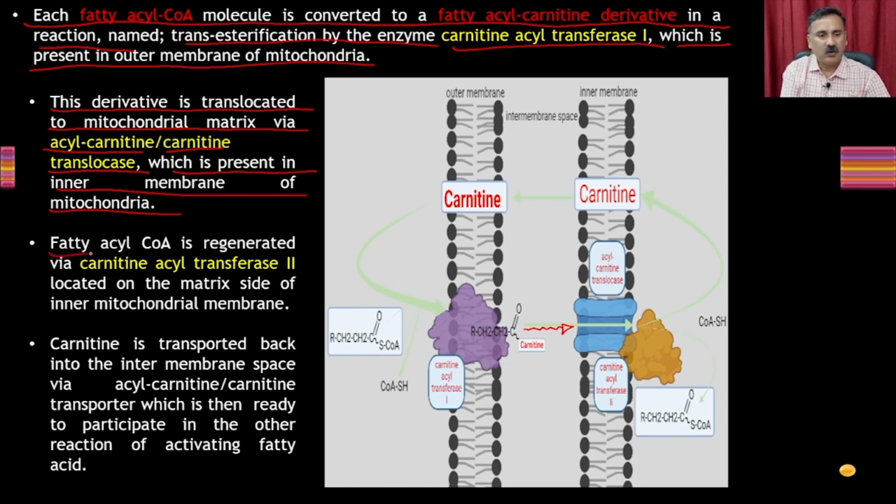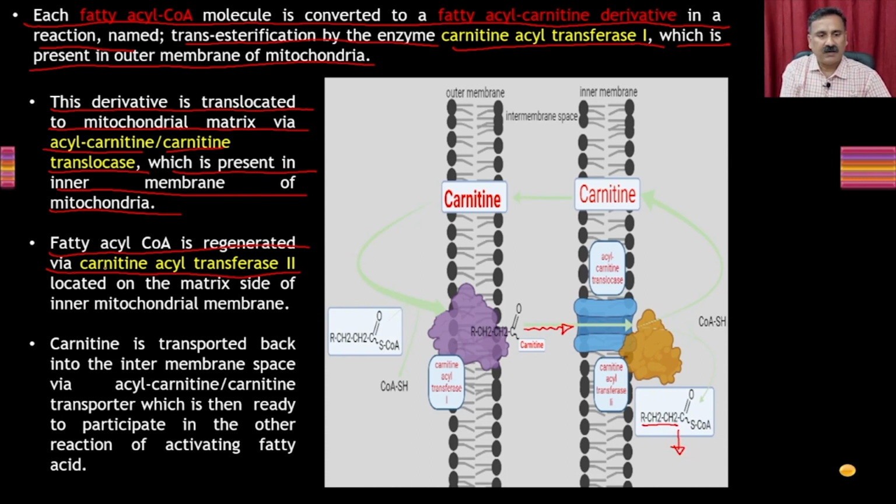And the fatty acyl CoA is regenerated by the carnitine acyltransferase 2. Once it enters the mitochondrial matrix, carnitine acyltransferase 2 reverses the reaction. In the first step, the carnitine is tagged; in this step, the carnitine is removed from the fatty acyl CoA, and that's how the fatty acyl CoA is released into the matrix.